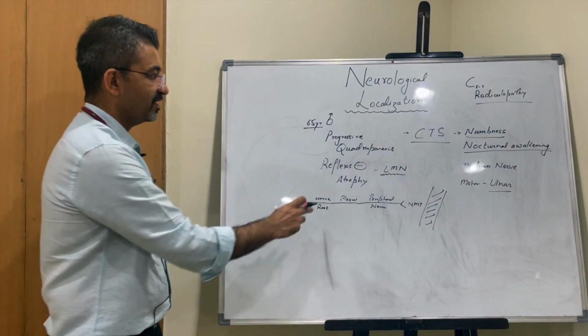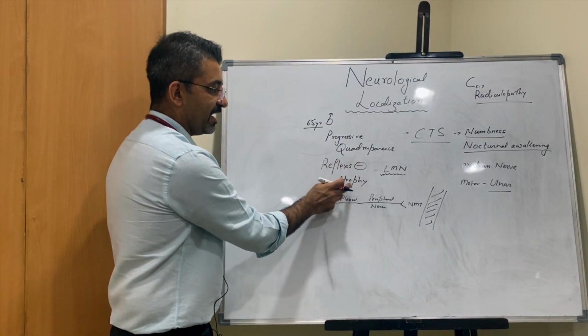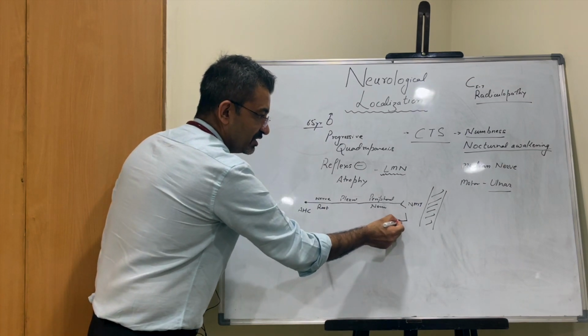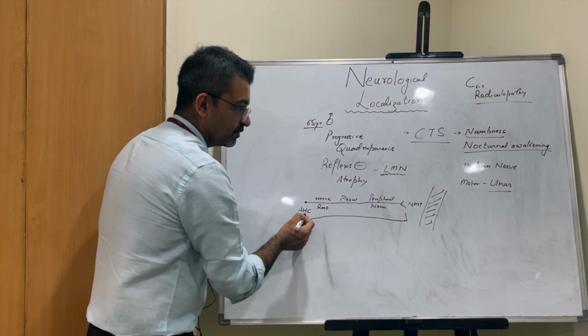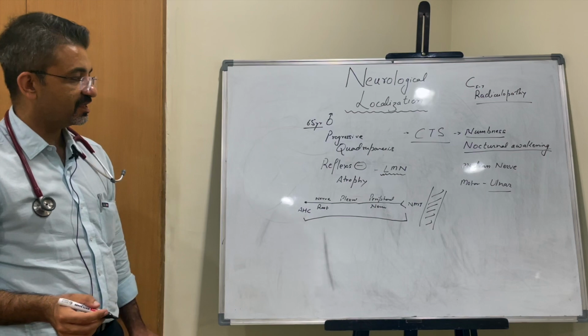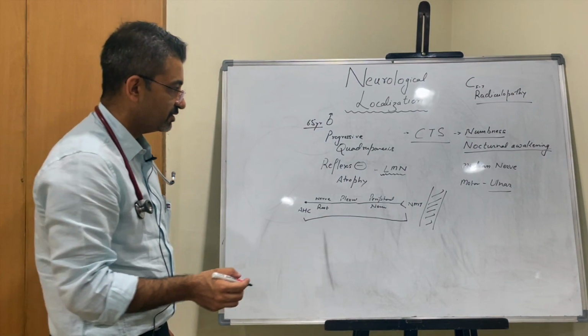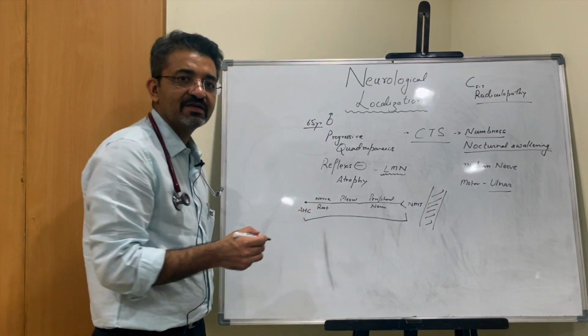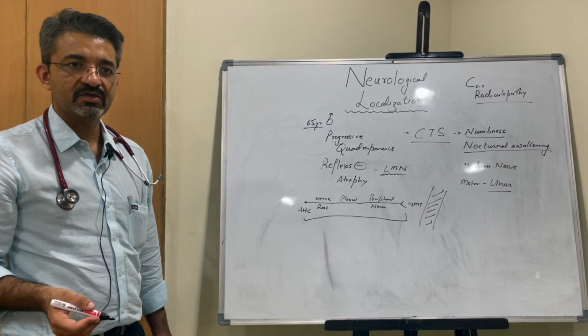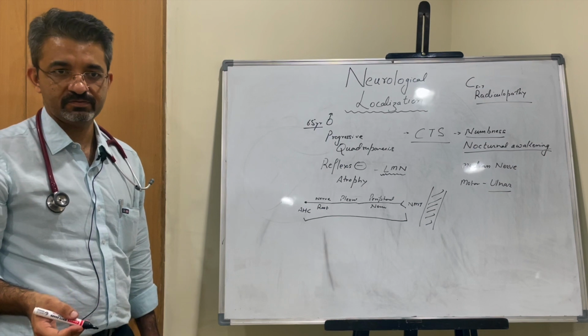So once you have absent reflexes and atrophy, you have to fit your lesion either into anterior horn cell, nerve root, plexus or peripheral neuropathy. So again, can it be anterior horn cell? Yes, it can be. It can be a case of polio.